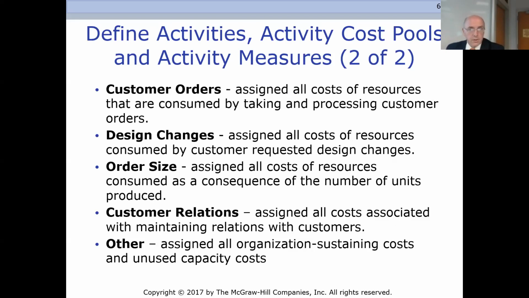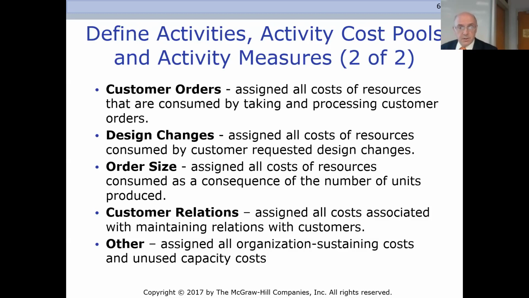For customer orders, you assign all costs of resources that are consumed by taking and processing customer orders, which means you have to keep track of those costs. And if this is a major component of the business, there are special bill forms that are already pre-made out. You just fill in the name of the customer, the number of the contract or whatever, how many hours, how many minutes, and perhaps the rate per minute, because different employees cost different amounts.